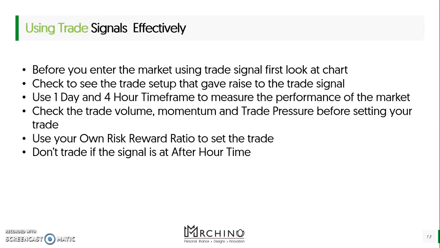You will not enter at a very good discount, except you wait for retracement, right? So these are the ways you use to trade signals effectively, so that you will minimize your risk and manage your risk very well.